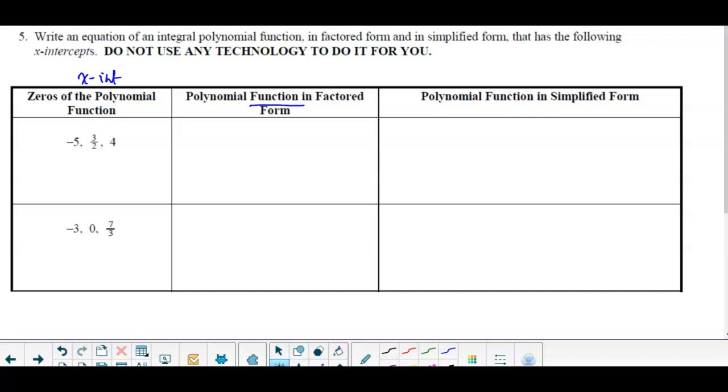Then polynomial function, so we need y equals, or p of x equals, or something like that. And then each factor representing this. So x plus 5. So x minus -5, x minus 3/2, but we never show factored form with fractions. So that would give us 2x minus 3, x minus 4. Okay, and then you can do the expanding on your own.